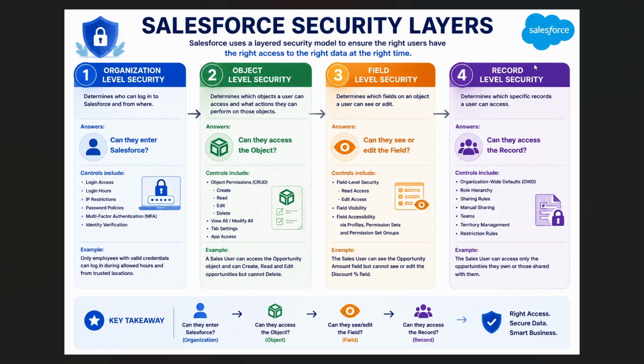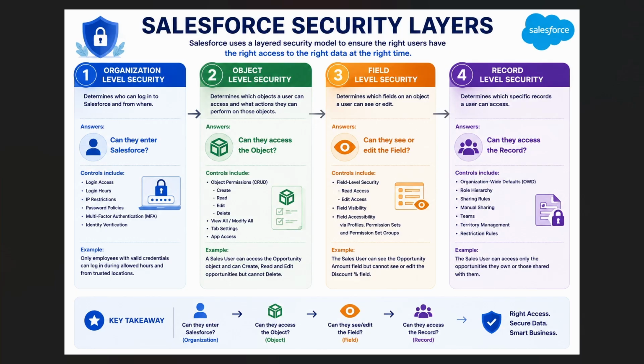Now let's talk about record level security. Suppose Rahul has access to the Opportunity object and he has permission to read and edit opportunities. Does that mean Rahul can see every opportunity in the company? Not necessarily. This is where record level security comes in. Record level security determines which individual records this user can access.